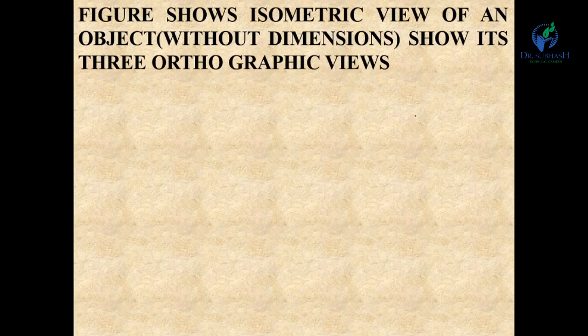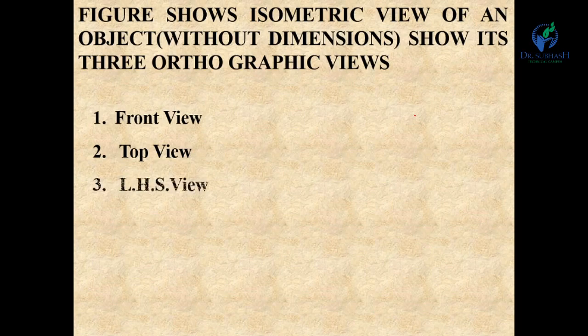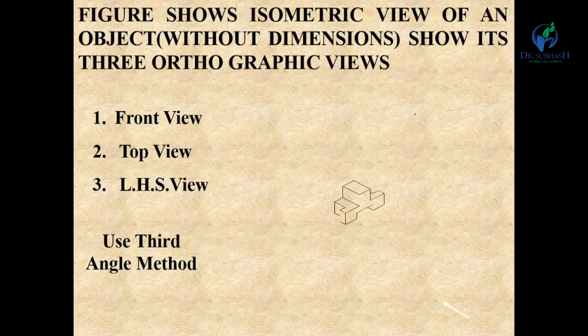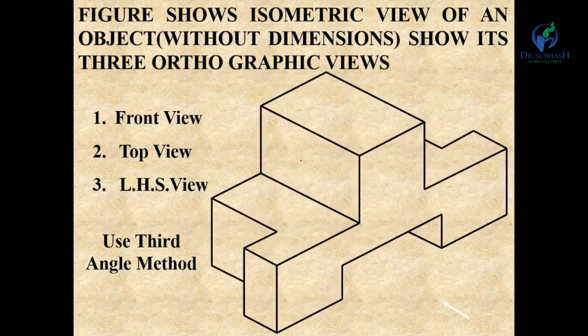Draw three orthographic views: front view, top view and left hand side view. Use third angle projection method. Okay, now you can see this is our object. Now this arrow shows the direction of the observer for the front view.